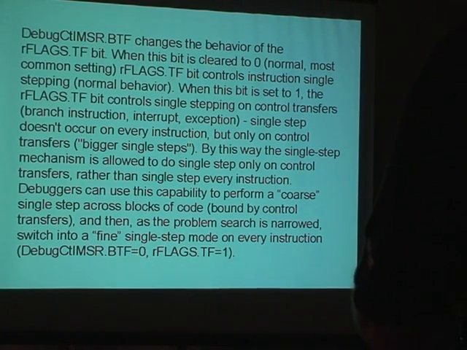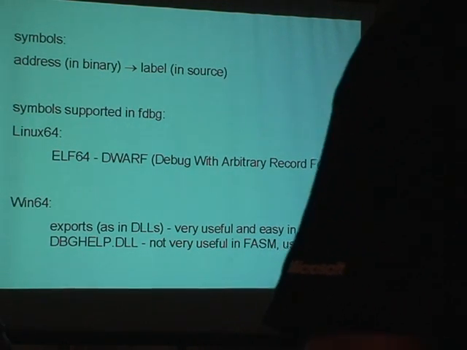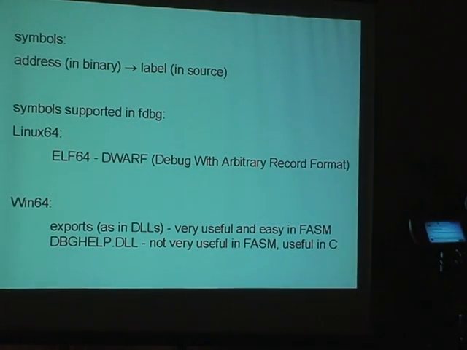So this is, and now we are finishing the theoretical part. We don't have a 64-bit machine to show you my debugger at work, but my debugger supports symbols. What does symbol mean?